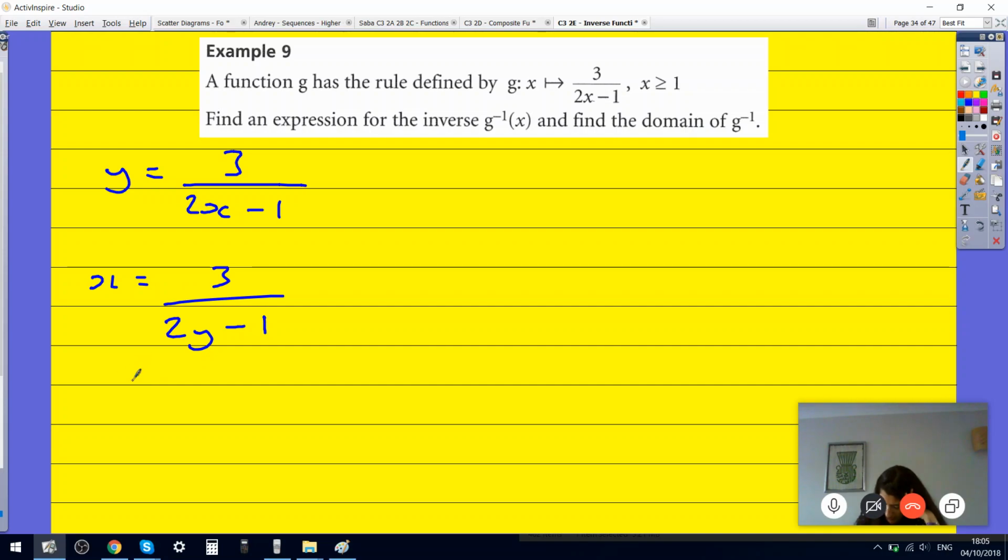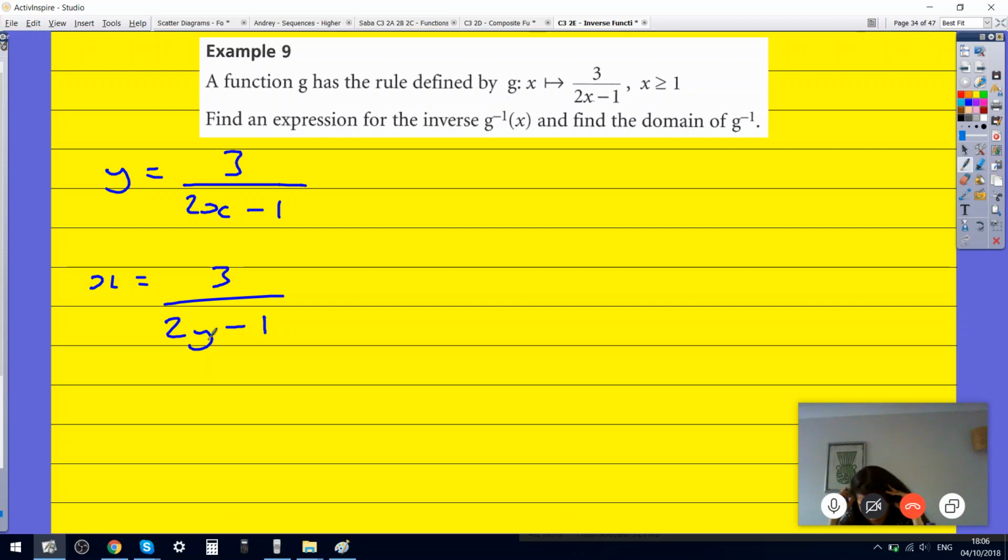If we do x plus 1, we get 3 over 2y. The minus 1 is in the denominator, so you can't. That'll be breaking business. Yeah, x equals 3 over 2y minus 1.